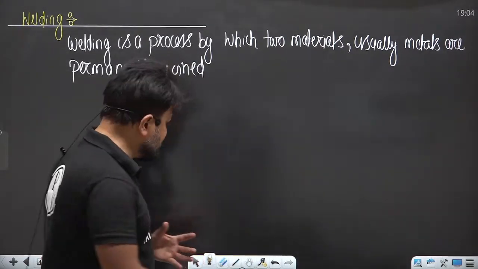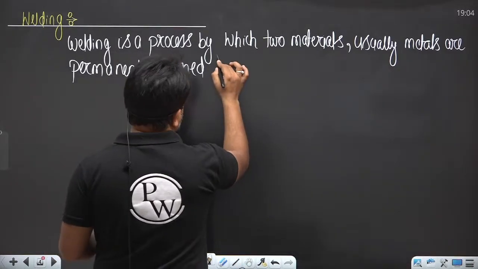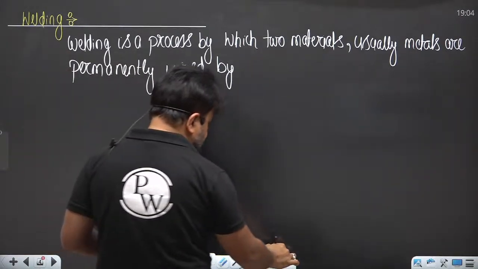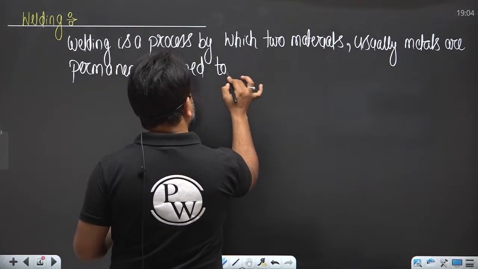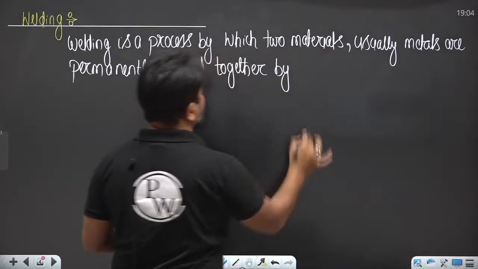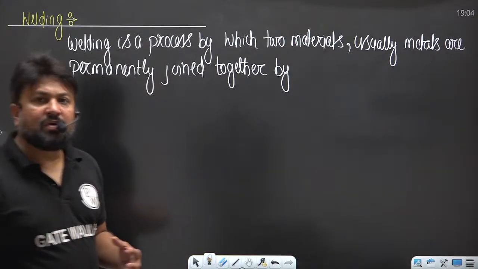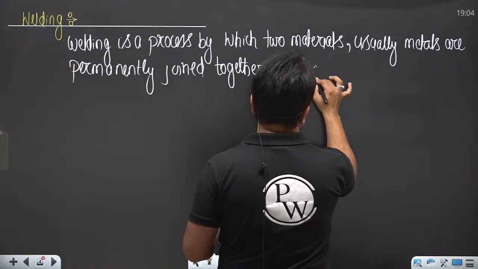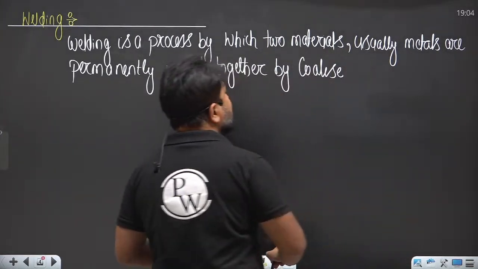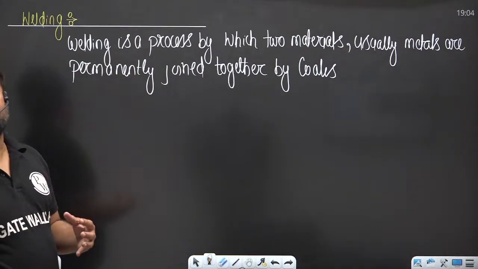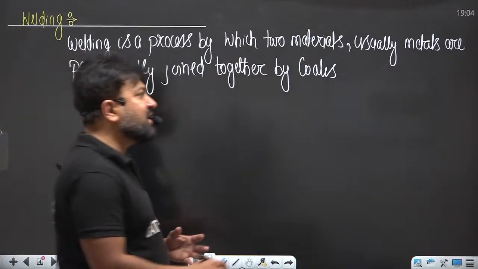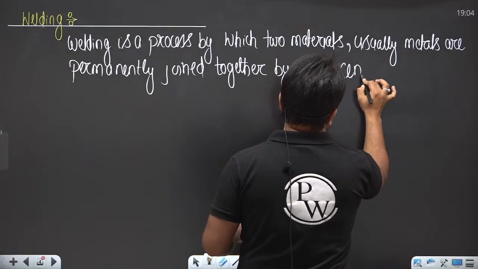So how can you get the joint? Joined together by what? Together by coalescence. Let me write the correct spelling of coalescence: C-O-A-L-E-S-C-E-N-C-E.